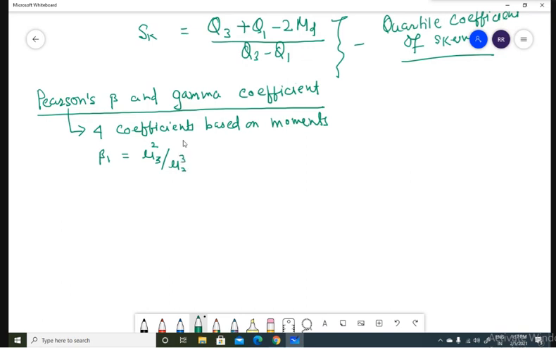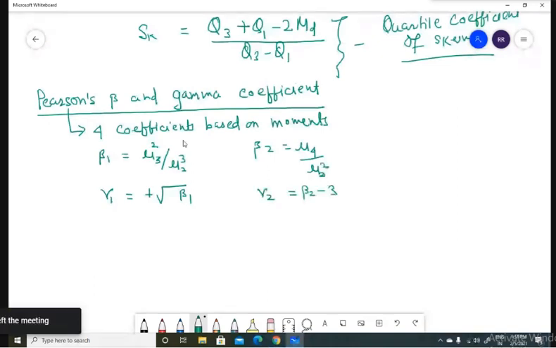You can see that these coefficients are unitless, and gamma 1 is equal to the positive root of beta 1, and there is beta 2, which is mu 4 upon mu 2 square, and gamma 2 is equal to beta 2 minus 3. Okay, so these are four coefficients based on moments.